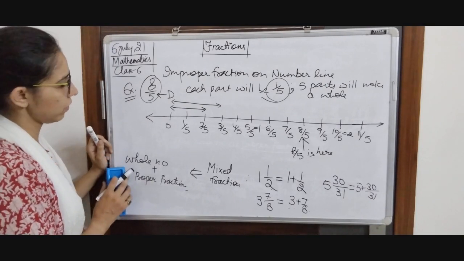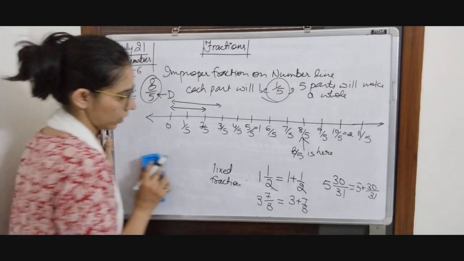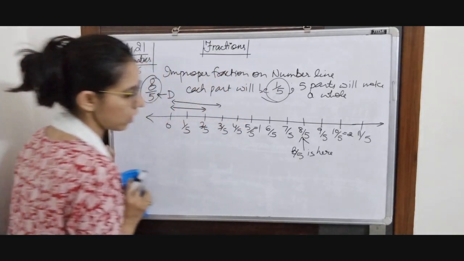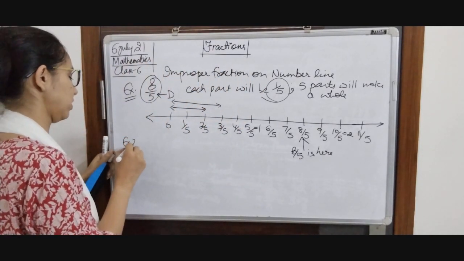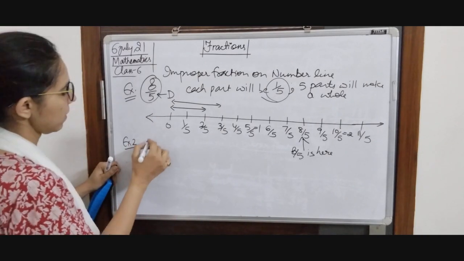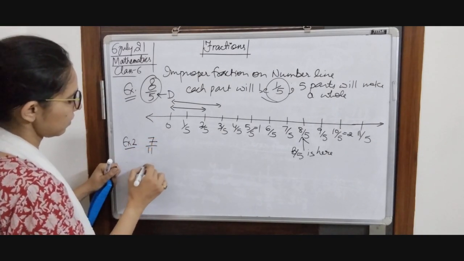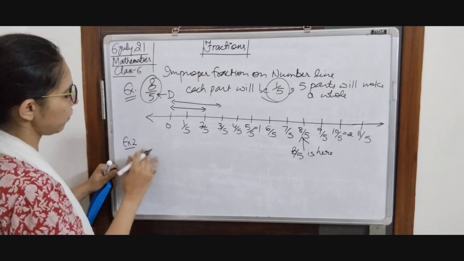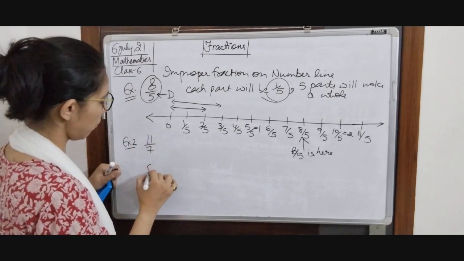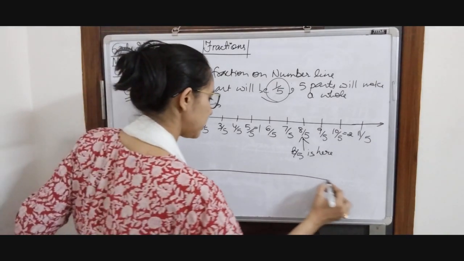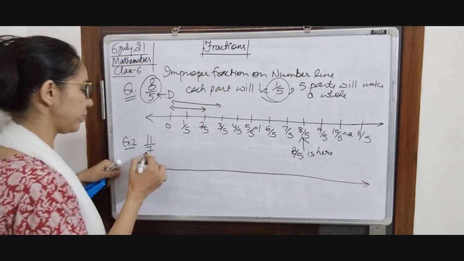Suppose we have another fraction, 7 by 11. No, this is a proper fraction. We will be representing 11 by 7. Numerator is greater than denominator, so what does that mean? We will check the denominator.